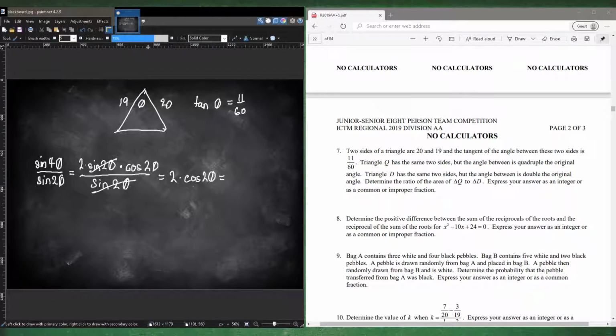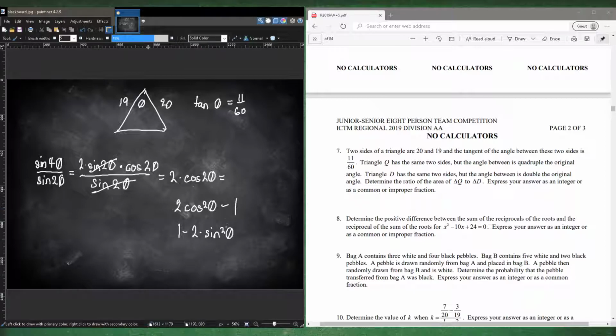So we don't know anything about 2 theta, but we could get theta. Cosine of 2 theta also has another identity, which is 2 times cosine squared of theta minus 1. Or we could have 1 minus 2 times sine squared theta.